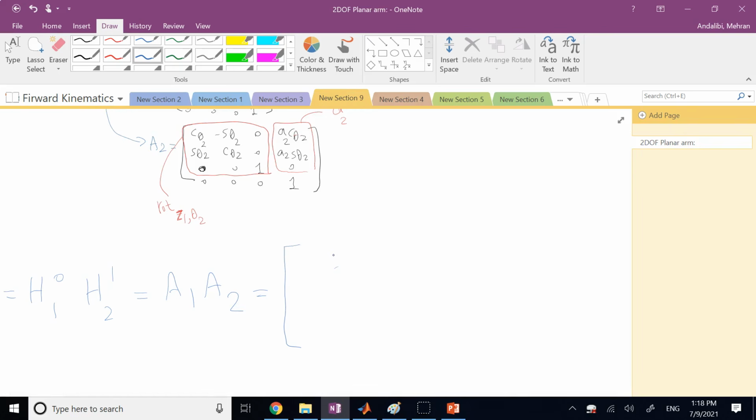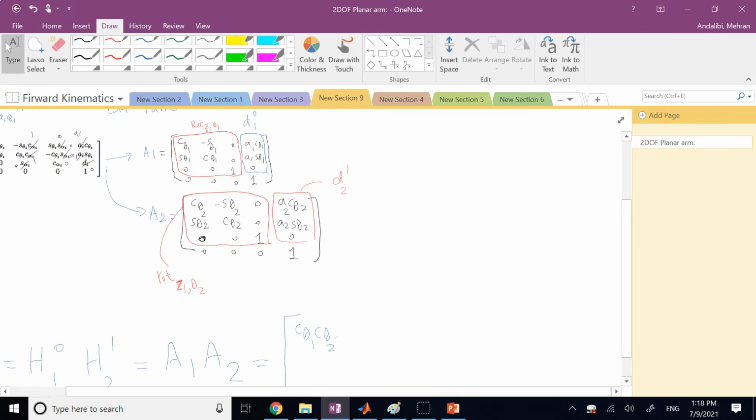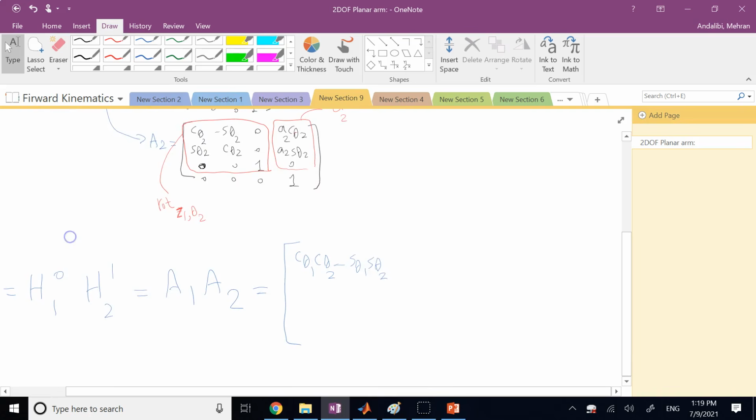Well, what you will get, if you look at the terms, is cosine theta 1 cosine theta 2, correct? And then minus sine theta 1 times sine theta 2. The same element you will get here in 2.